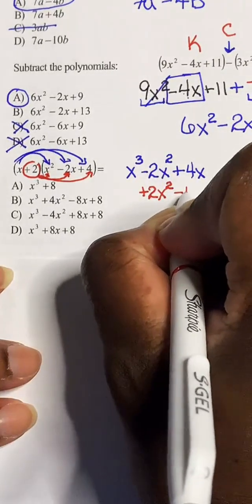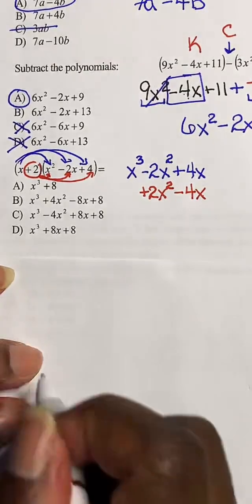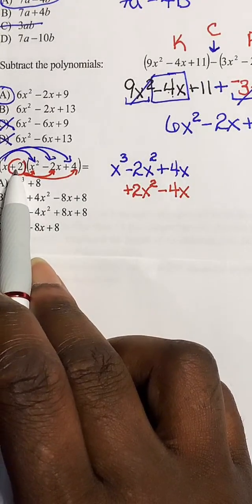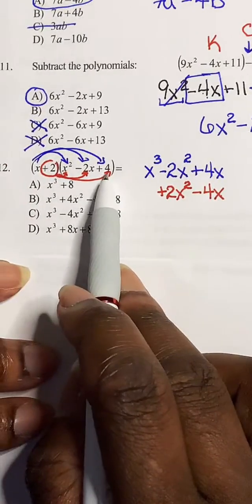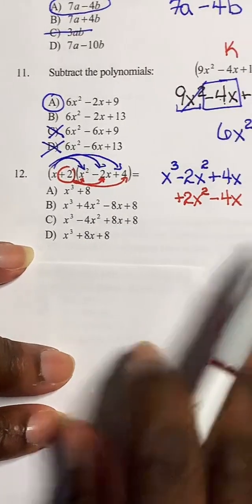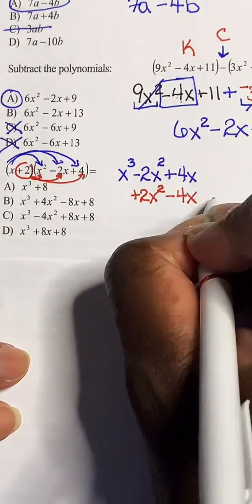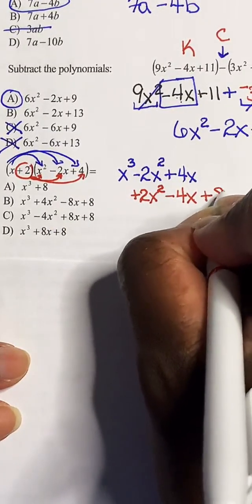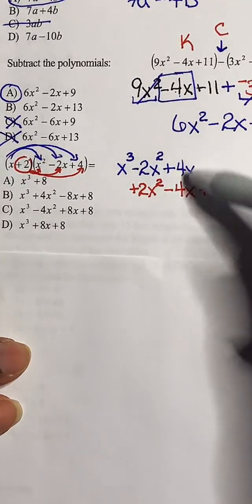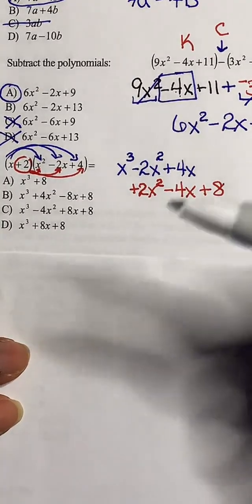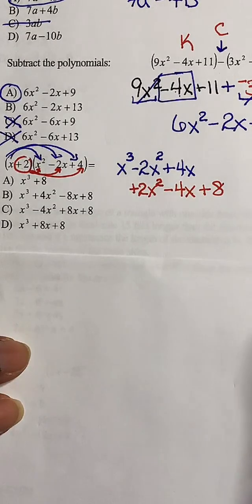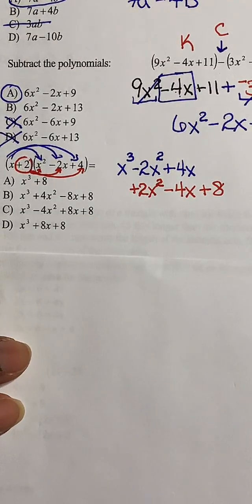The way I'm lining it up, it's a little different. So when I multiply the 2 by negative 2x, that gives me a negative 4x. So I go minus 4x. Now I'm going to multiply the 2 times the 4. That gives me a positive 8.